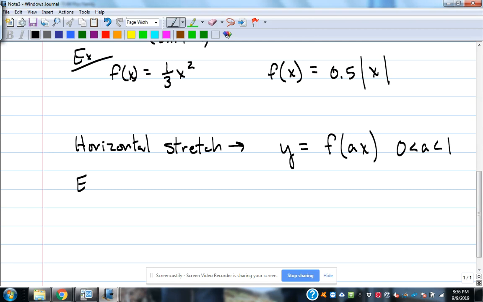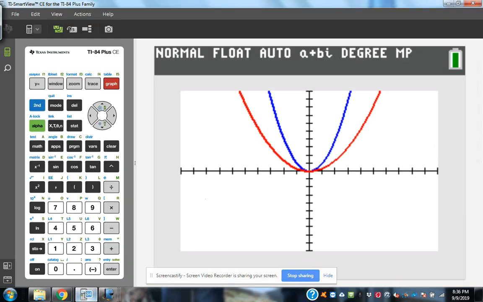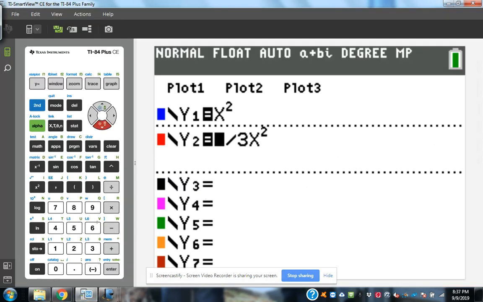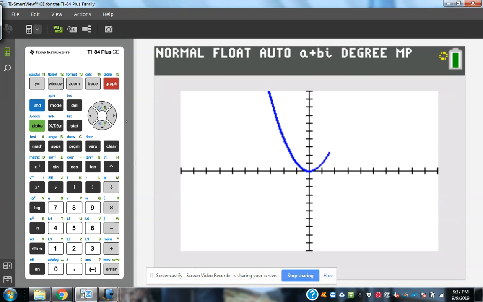An example of that would be taking the squaring function and putting a 1/2 on the inside and then squaring that. We look at that on the graph. Got the parent function there at the top. I'm going to put parentheses 1/2 x, close parentheses, squared.